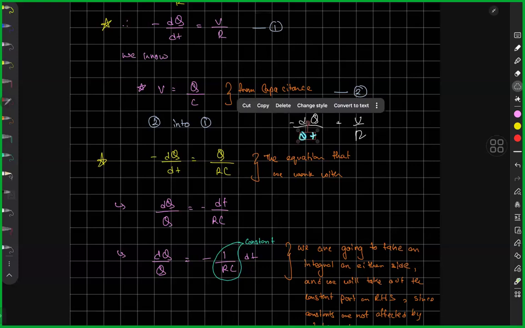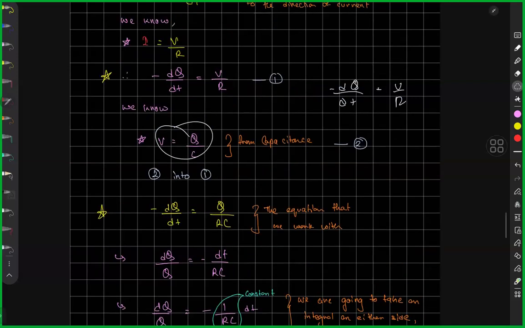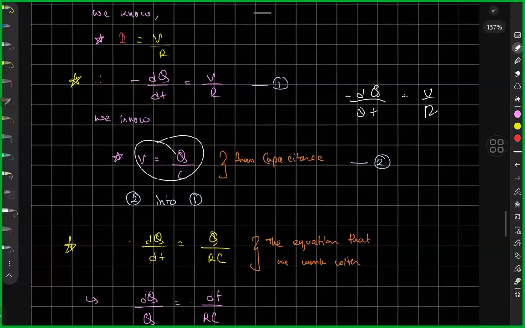And I'm going to bring charge on this side. And how do we do that? Before that, we have done a substitution from this equation: V is equal to Q by C. And this you pretty much know from the capacitance chapter. So if you are okay with V equals Q by C, I'll do the substitution and the movement of variables. So V equals Q by C. I'll plug it in.